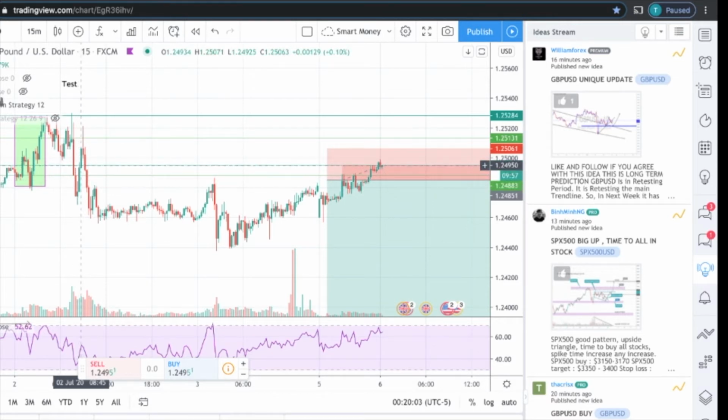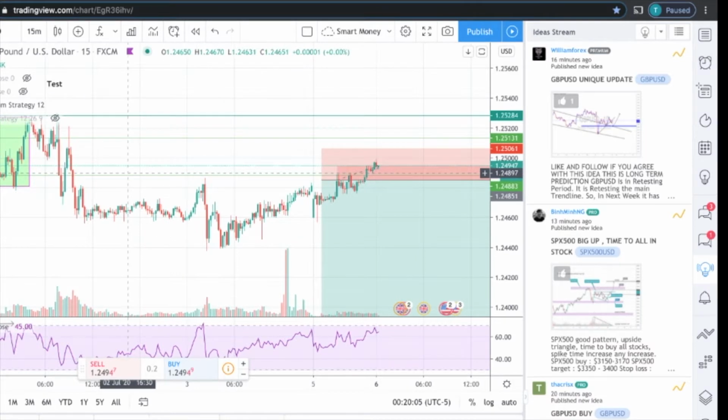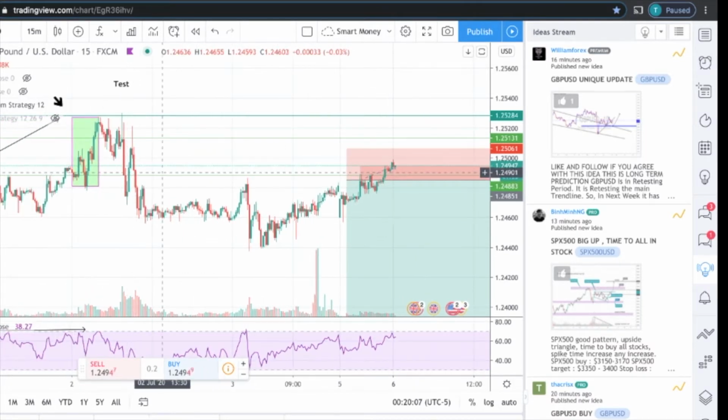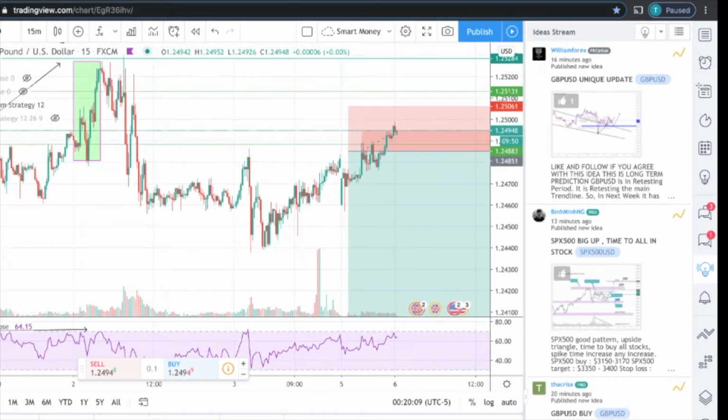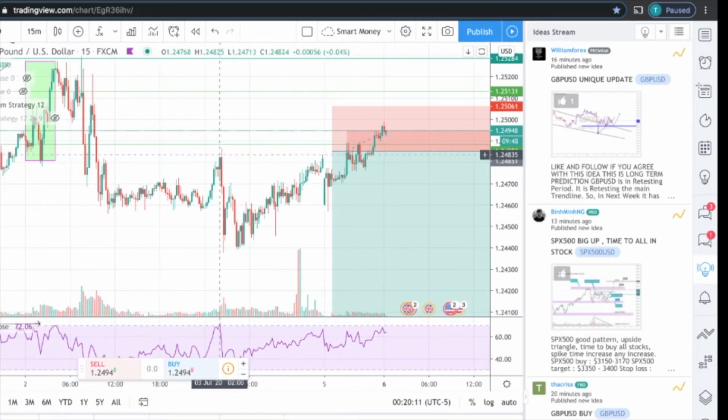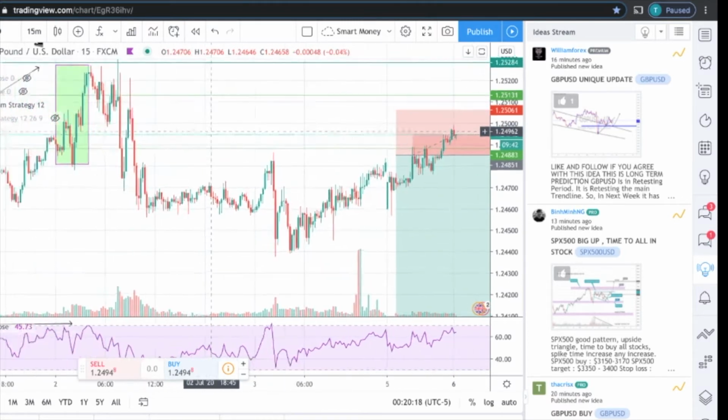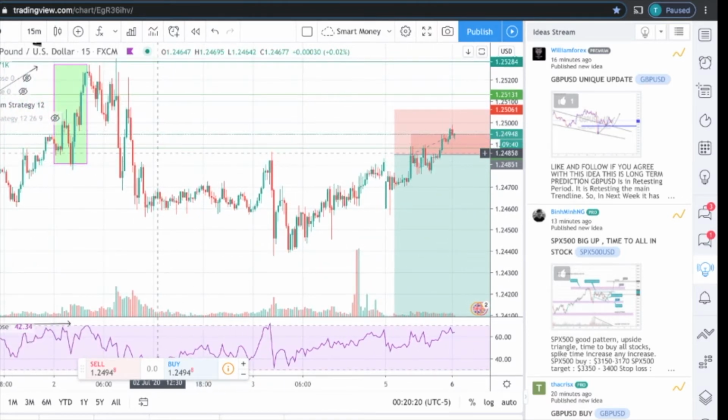If I would have noticed that beforehand, I probably could have set my entry to here, because imbalance is taking place all the way through here.